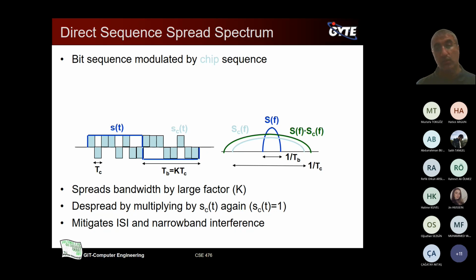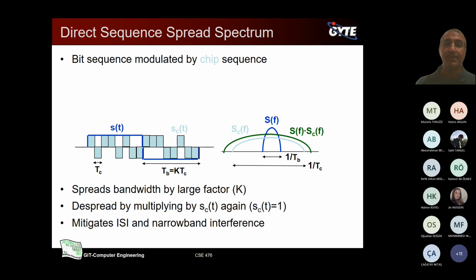Now we are ready to talk about the last topic, which is direct sequence spread spectrum. This is a technology that is being used in military communication. In many military communications, we use spread spectrum because of secure communication.